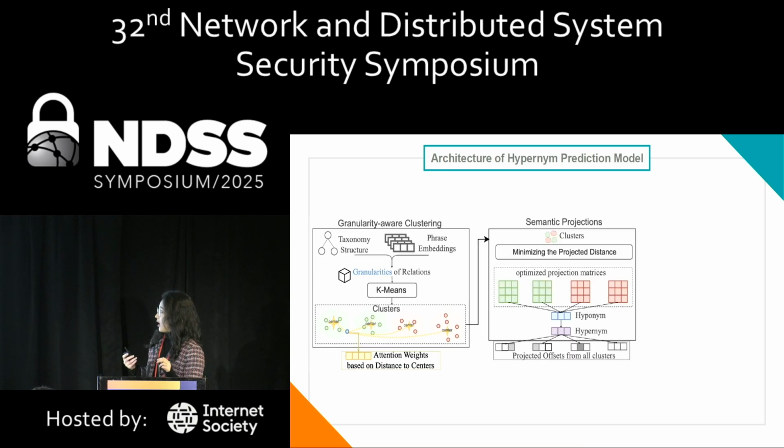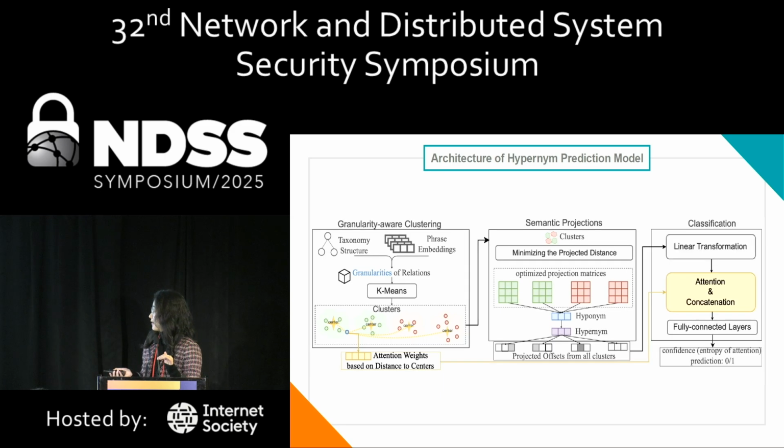Then we learn the projection matrix from the hyponym to the hypernym and aggregate the projected offsets from all clusters. And finally, we apply an attention-based classifier to determine the existence of the hypernym relationship in a candidate pair.